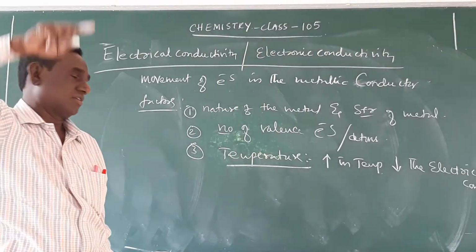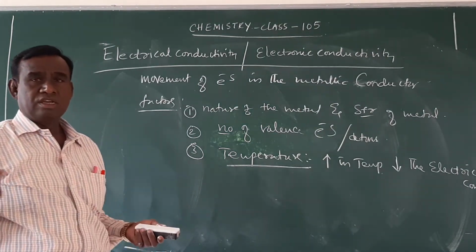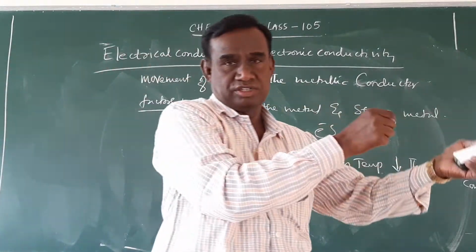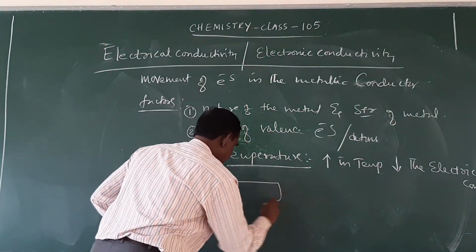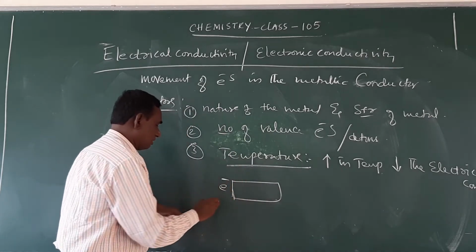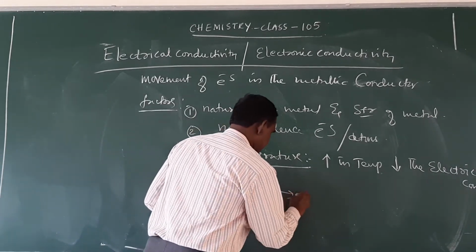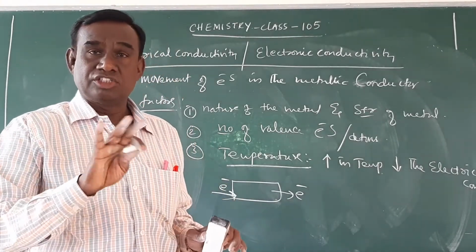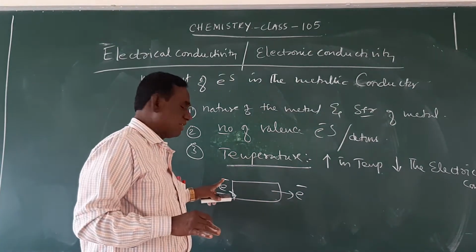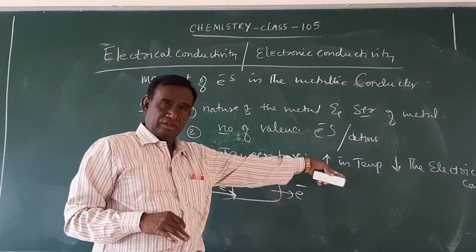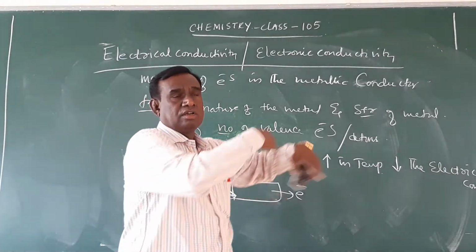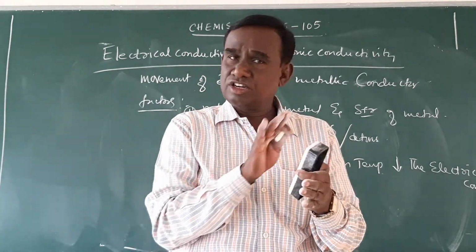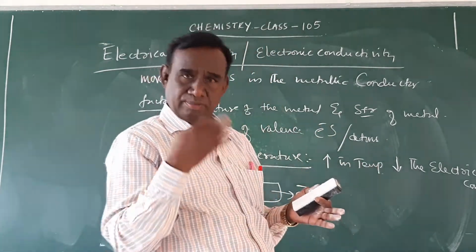One more thing: if electrons move from one end to another end in the metallic conductor, for example, if the electron enters at one end and escapes at the other end, the composition of the metal does not change. It remains unchanged.